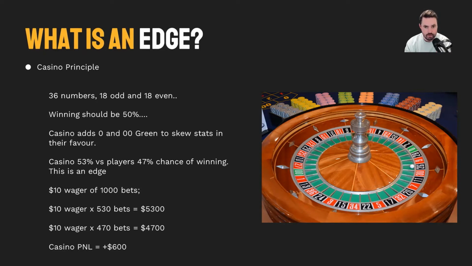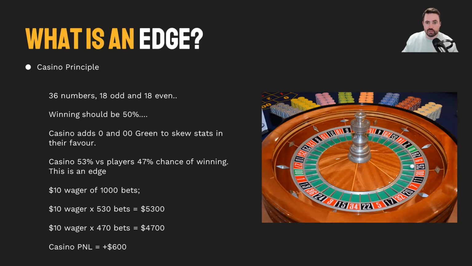However, as many people will be shouting out loud, the casino has a 0 and a 00 green, which skew the stats in the favor of the casino. So therefore, the casino would win 53% of the time, and the players would win 47% of the time. That is an edge for the casino when people bet on red or black. It's skewed in the favor of the casino.